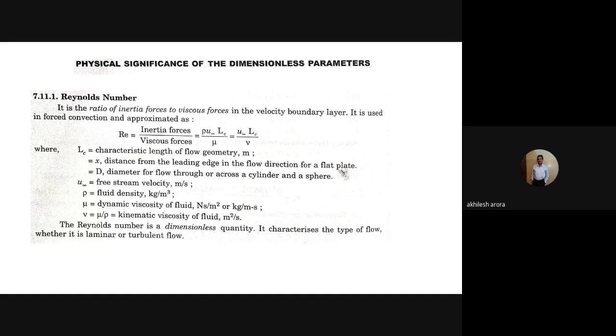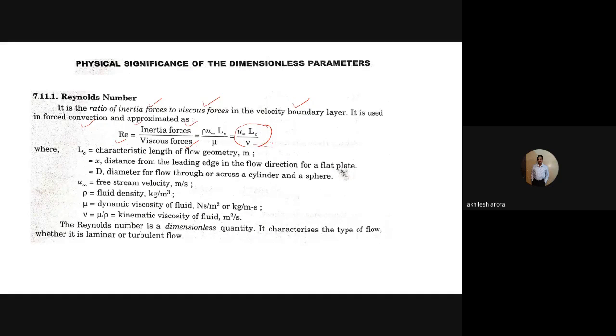Reynolds number is the ratio of inertia force to the viscous force in the velocity boundary layer, and it is used in forced convection. When we write these values, you will get u infinity into Lc divided by nu.